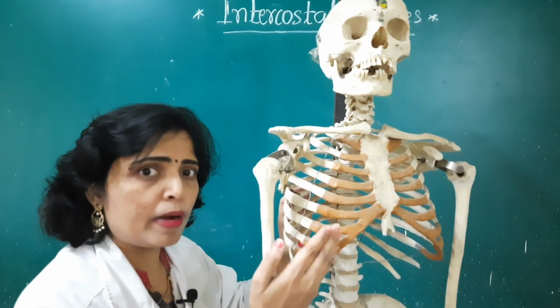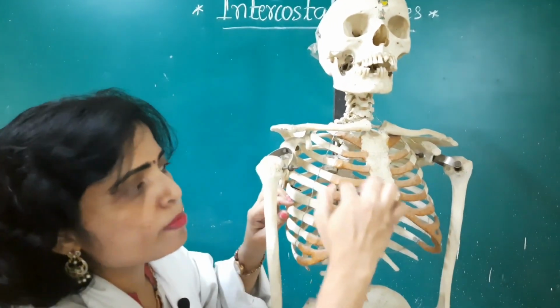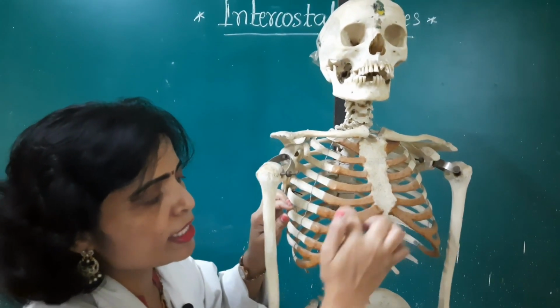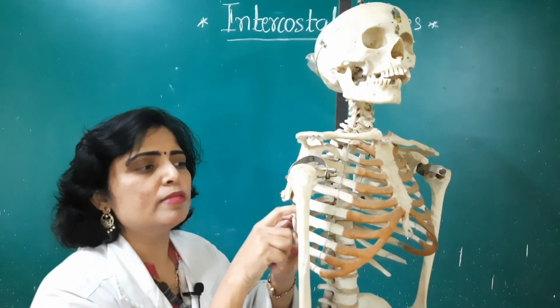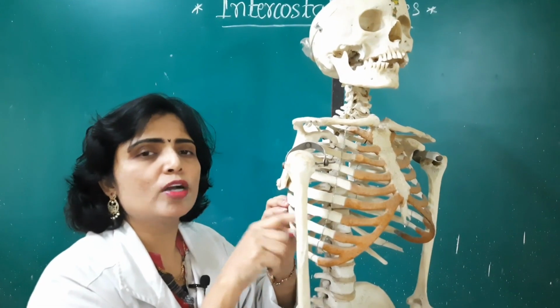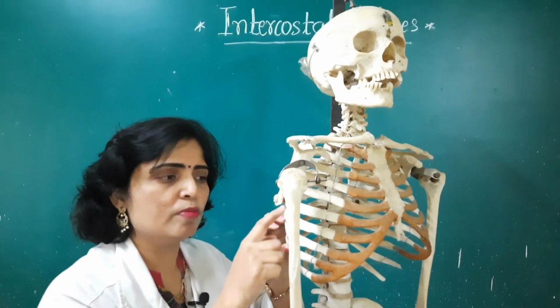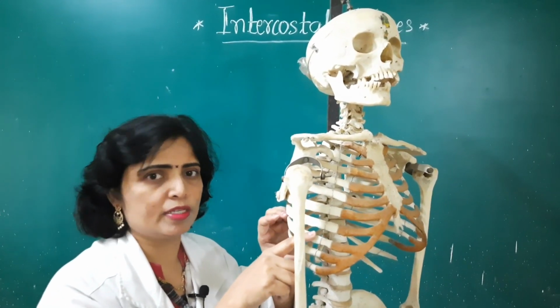There are two parts of these intercostal spaces. The space which extends between the costal cartilages is called the intercartilaginous part, and the space between the ribs is called the interosseous part. Os means bone, so between the bones it is the interosseous part.